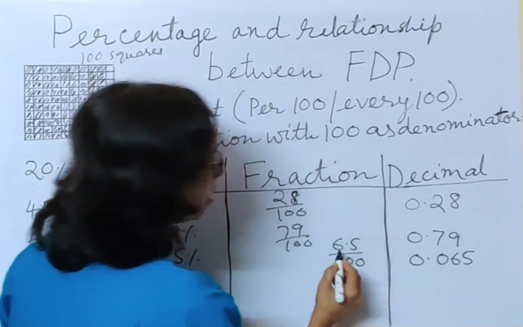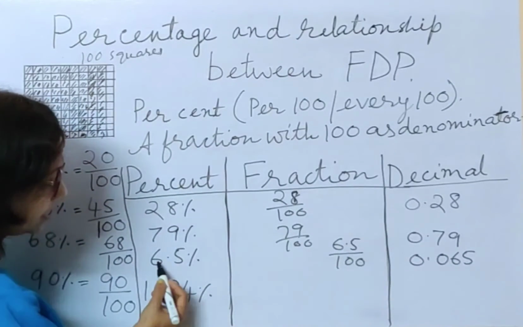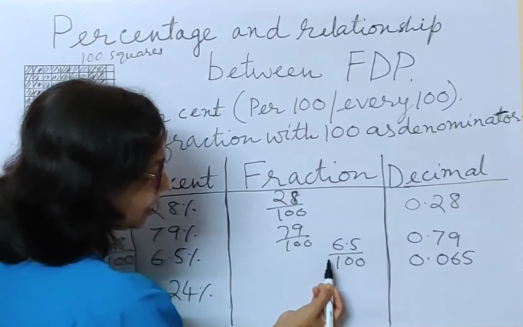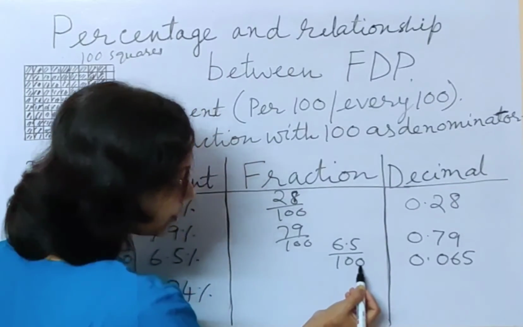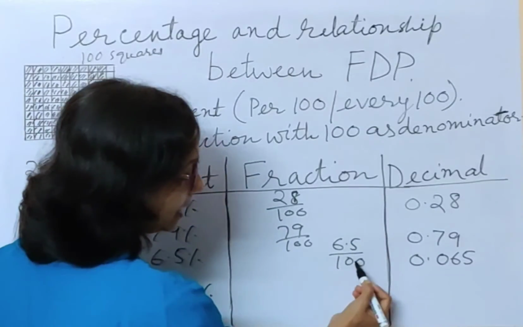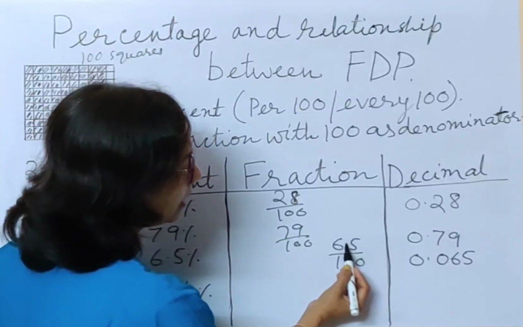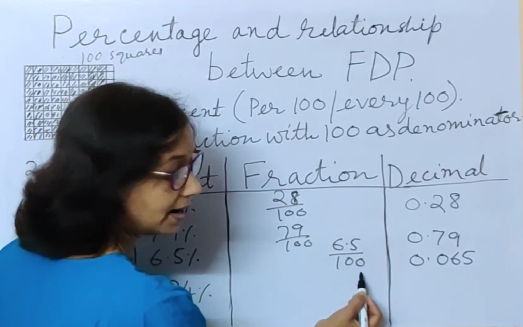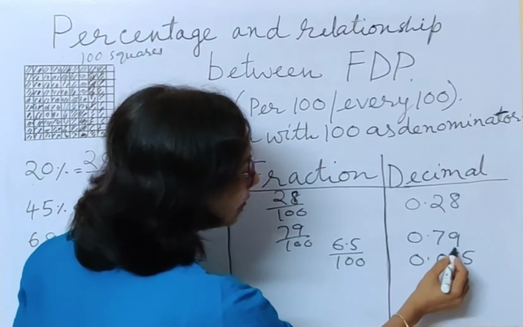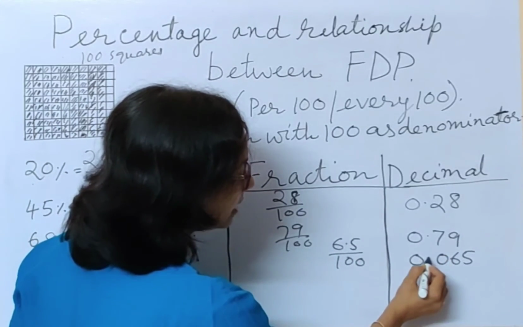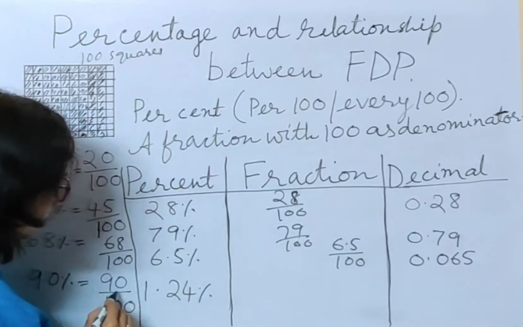This is my decimal of 6.5%. First I wrote it as a fraction, 6.5 by 100, and then I wrote the decimal. Because it is division by 100, I shifted the decimal point two places to the left. So I see 6 and 0 and then the decimal point. So 0.065.